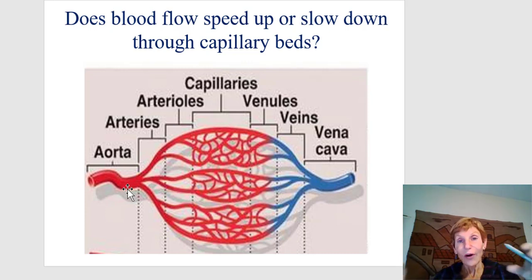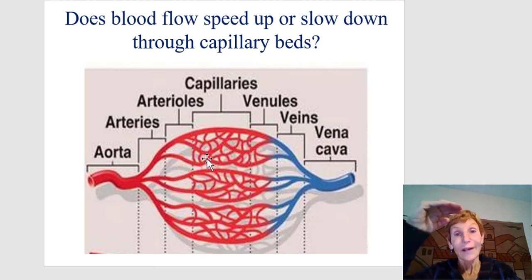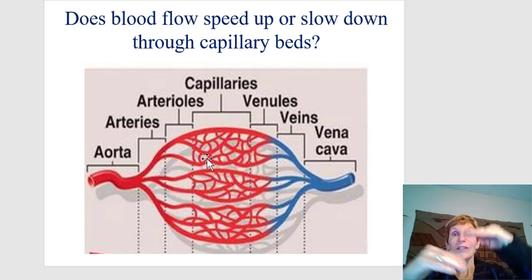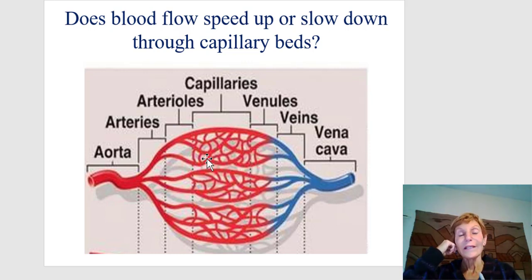And then each of the arteries has multiple arterioles branching off. And then each arteriole has a big, huge capillary bed. This would be a capillary bed branching off each arteriole. And it's the total surface area, the whole diameter of the surface area, that you need to take into account in determining which one is the widest versus the most narrow.